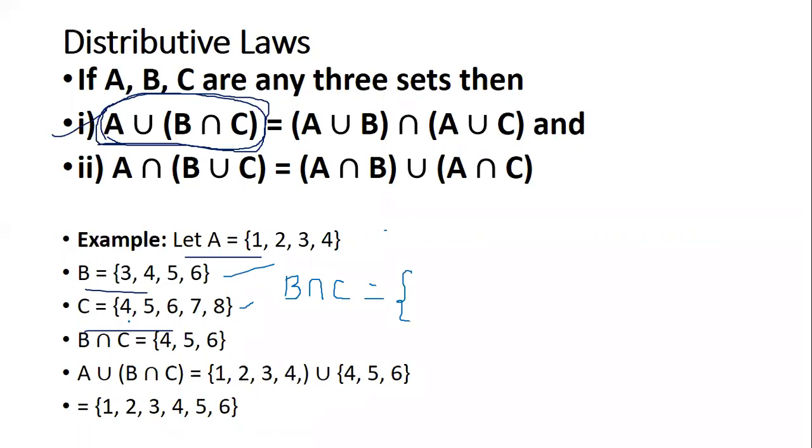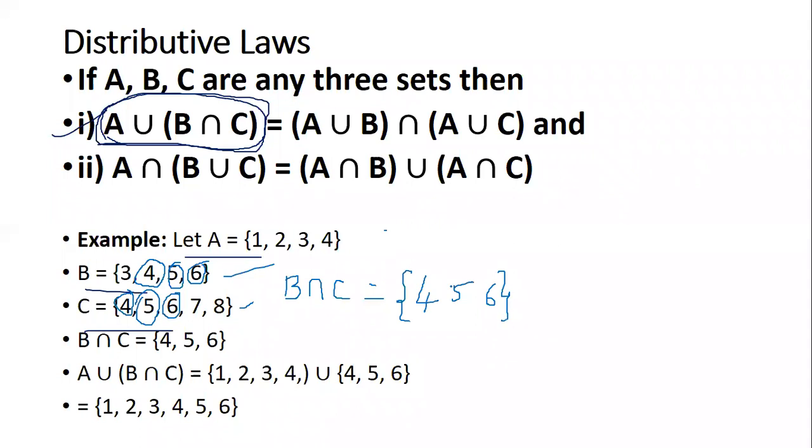So we are supposed to find out common elements between B and C. So what are the common elements between B and C? 4 is common. Then we have 5. Then we have 6. So 4, 5 and 6 are common. So this is B intersection C.